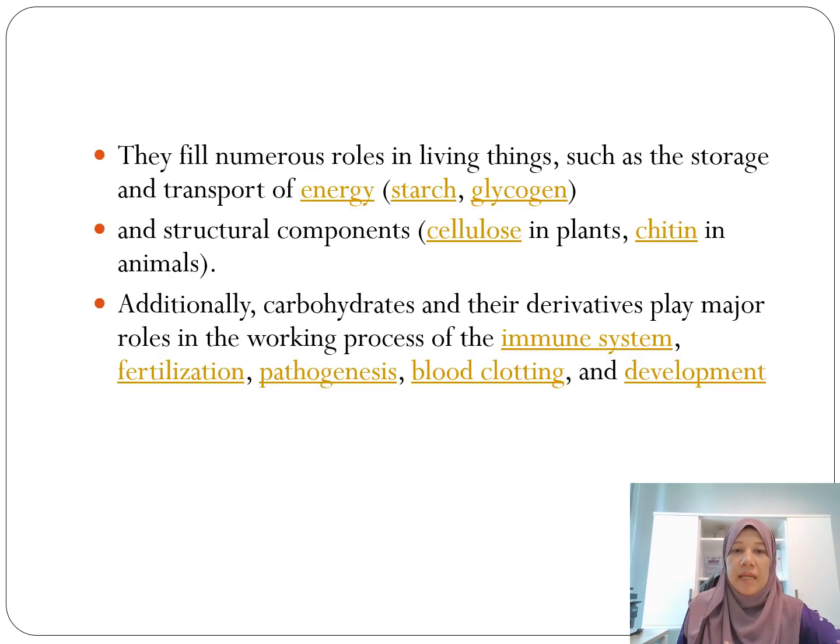Then carbohydrates fill numerous roles in living things. For example, storage and transport of energy, structural components for the plants in terms of the cellulose, and chitin in the animals.